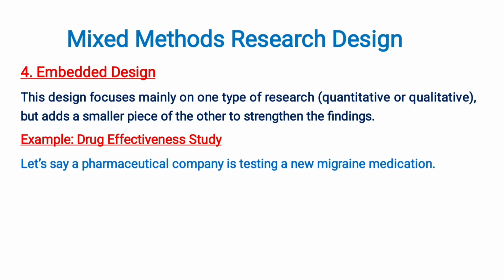Here, a company conducts a large clinical trial measuring the drug effectiveness in 10,000 patients, which is quantitative research, but they also interview 50 patients to understand how it impacts daily life, which is qualitative research. So, in this research, the number tells if the drug works or not, and the interview reveals how it affects people beyond just reducing symptoms.